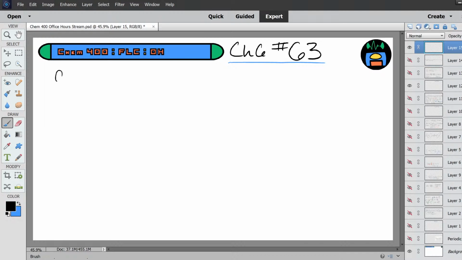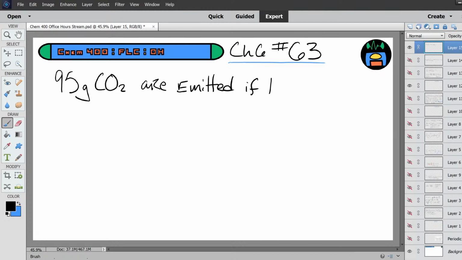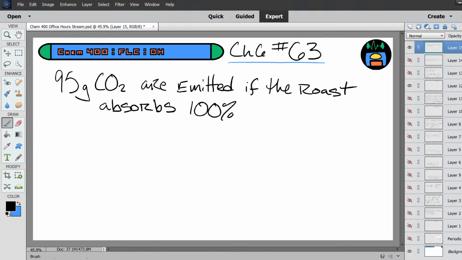All right, so 95 grams of CO2 are emitted if the roast absorbs 100% of the heat. But the reality is it doesn't, all right?